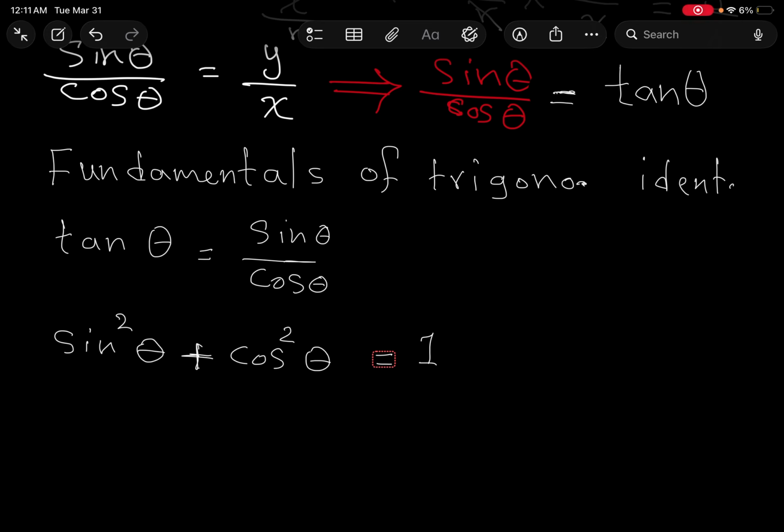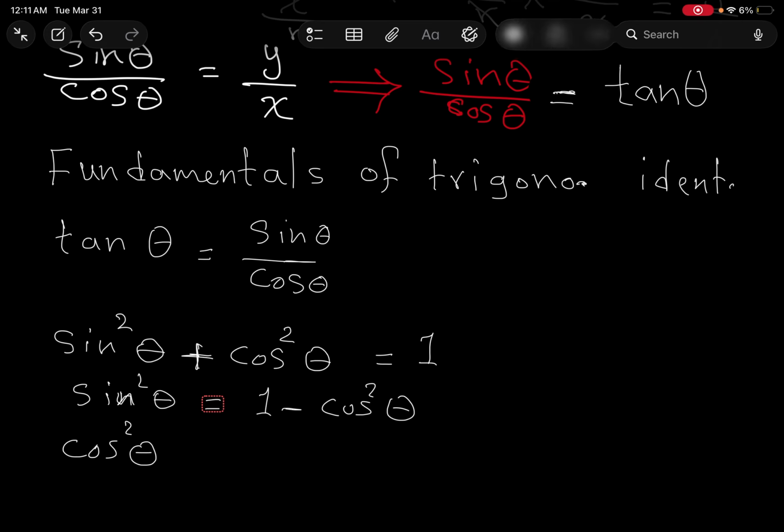If I want to find sine squared theta, sine squared theta equals 1 minus cosine squared theta. If you want to find cosine squared theta, it equals 1 minus sine squared theta.